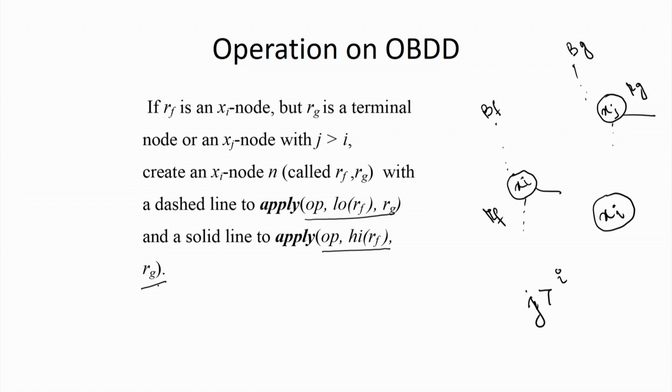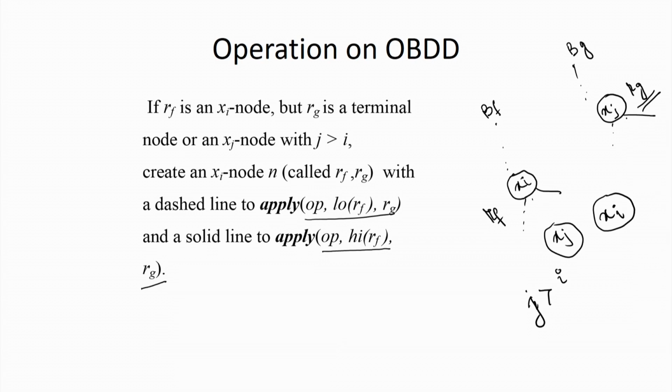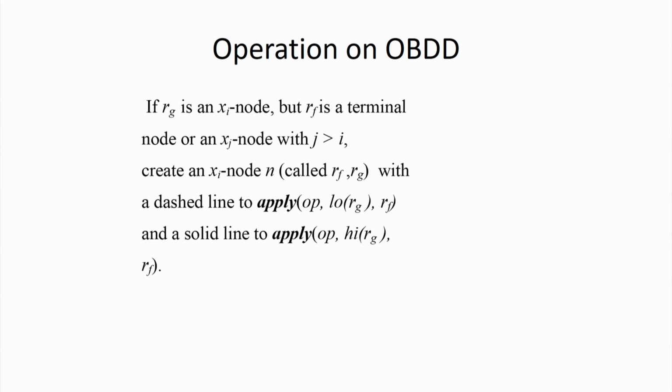That means we remain at this jth node only, because we have to see how it behaves when we get this Xj node in this BDD. Since it is independent of Xi, we remain with Xj in this BDD, but we make progress in a simple manner. So that is why low of RF and RG, high of RF and RG.